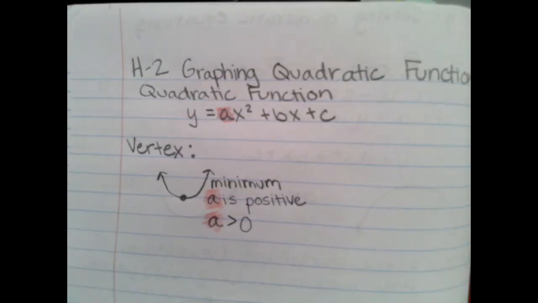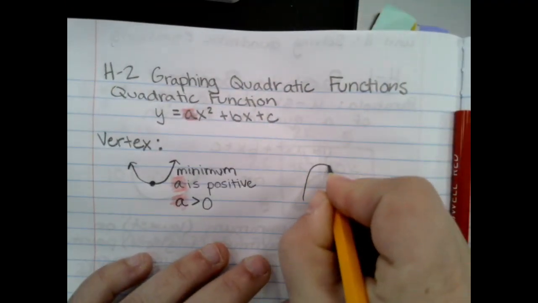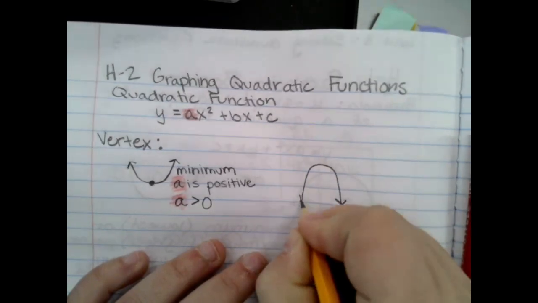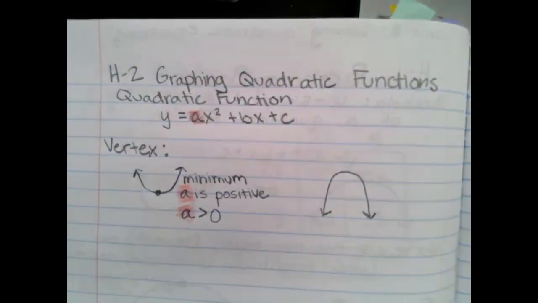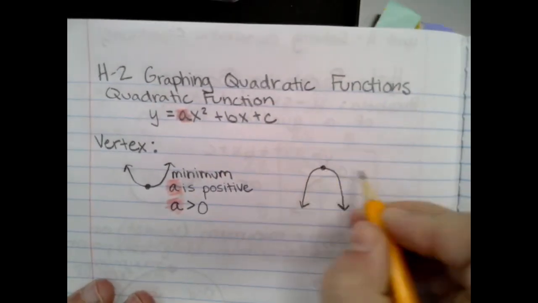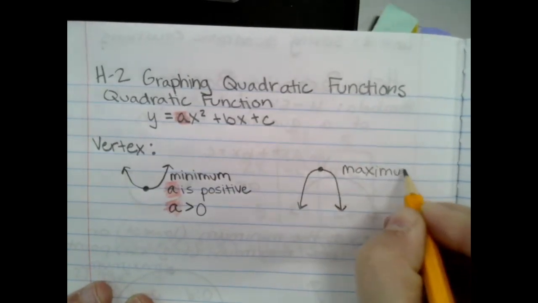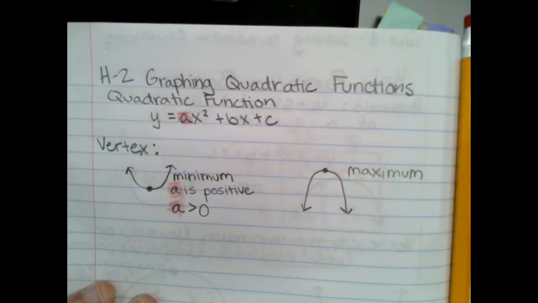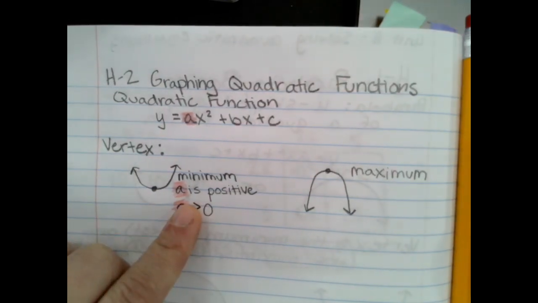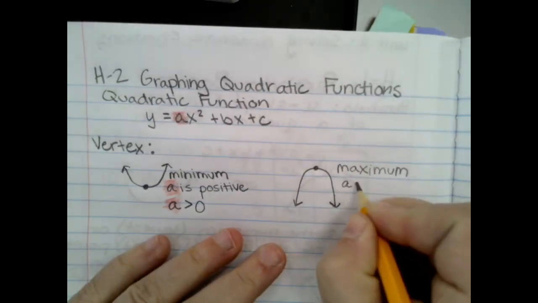Alright, our other option is that it could be a maximum. That kind of makes it look like a hill or a frowny face. All right, and this is going to happen when A is negative.